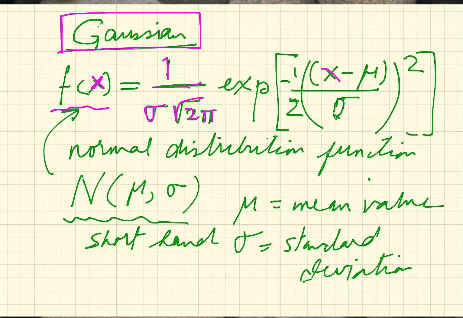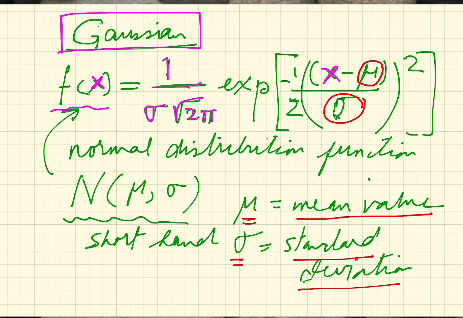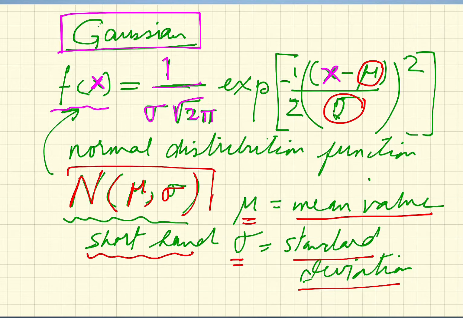The other parameters are two parameters, mu and sigma. Mu is the mean value of the distribution of strength, and sigma is the standard deviation of the strength. Therefore, we can use a shorthand way of writing the PDF, and the shorthand way is N of mu comma sigma, and that shorthand is equivalent to writing this very long expression.